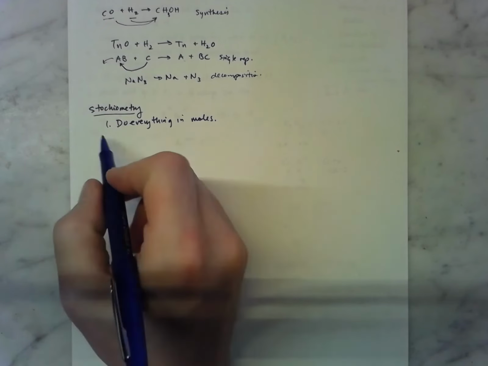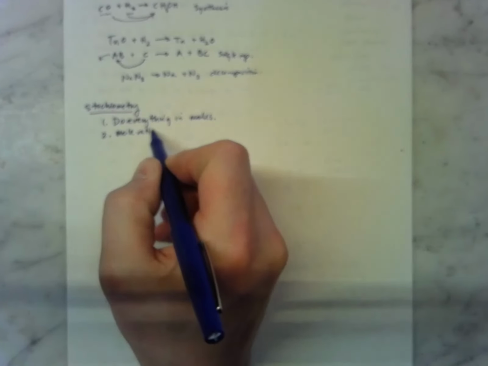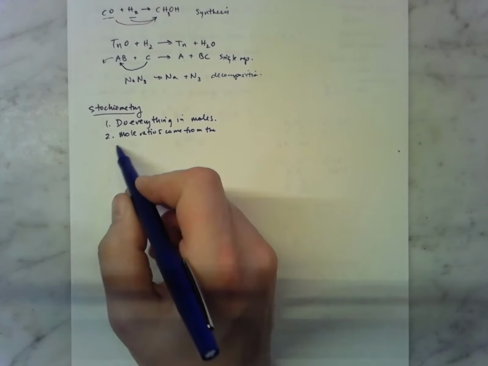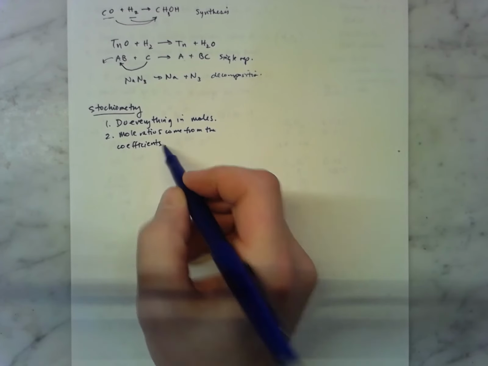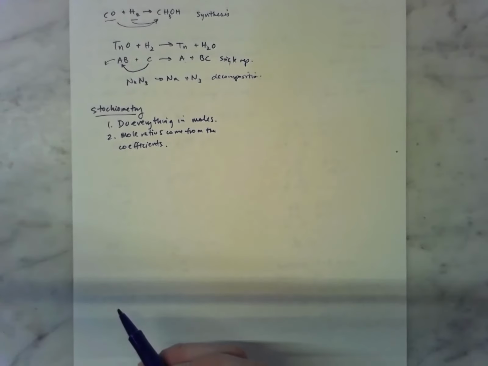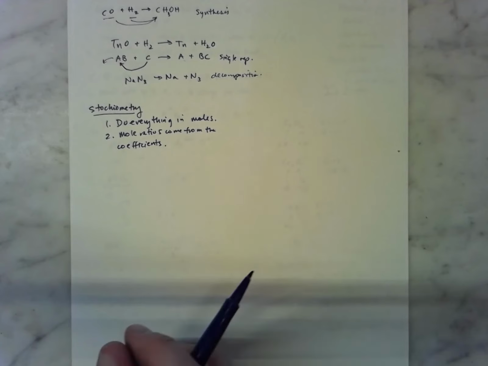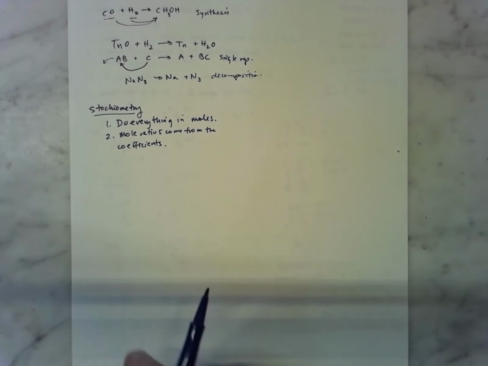And the mole ratios come from the coefficients, the ones we were just writing in front of those balanced equations. When we were balancing the equations, those coefficients are mole ratios for how things react together.